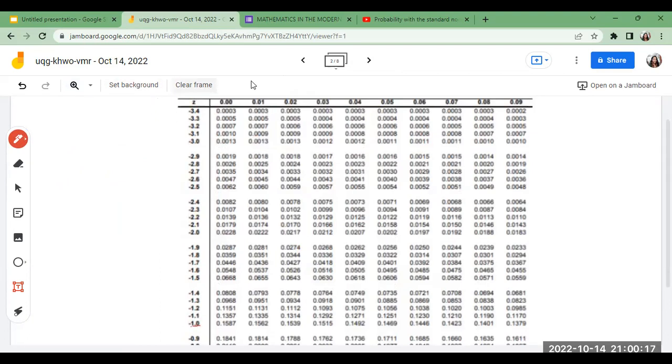And then the second decimal place is 6, so 0.06. Here is 0.06. And then we meet the two. And this one is the area. So that is 0.1446.